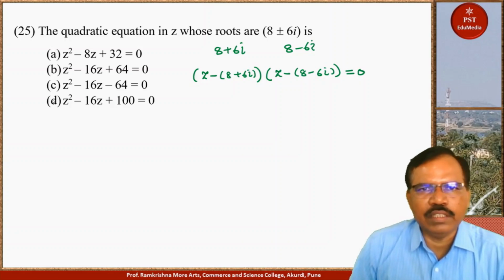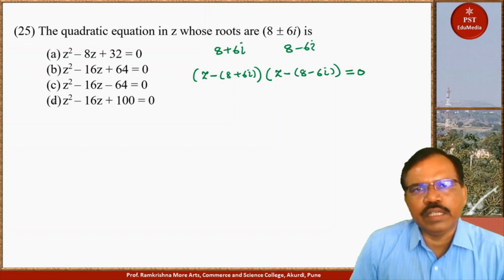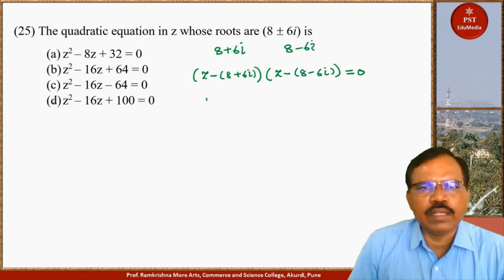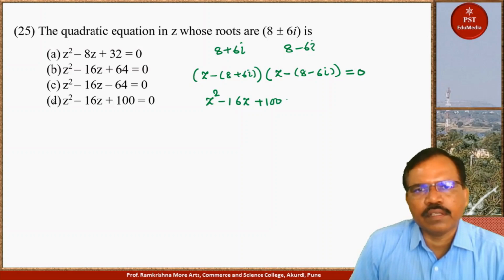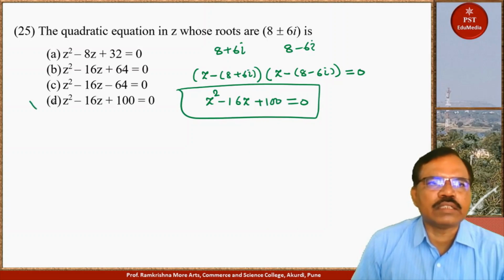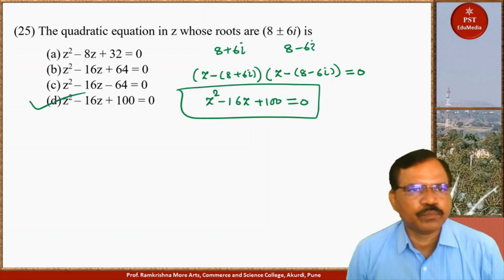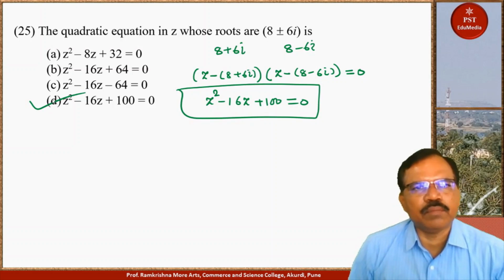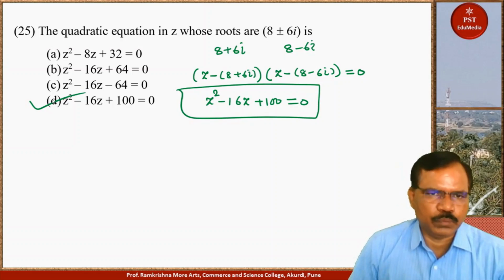Now if we solve this, Z into Z, Z square and so on, you will get Z square minus 16Z plus 100 is equal to 0. So this last one is correct.